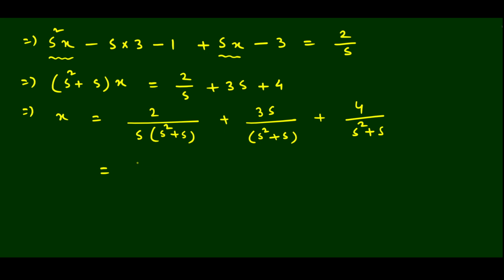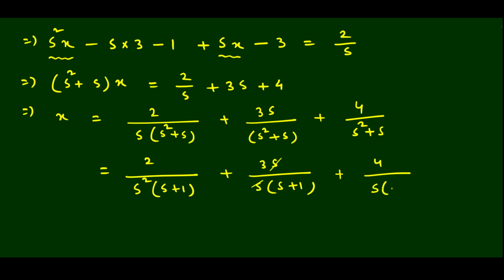So it is, if we take one s common, it is s square, then s plus 1. 3s divided by, if you take s common, s plus 1. So s cancels out. And from the last term, 4 divided by s into s plus 1.